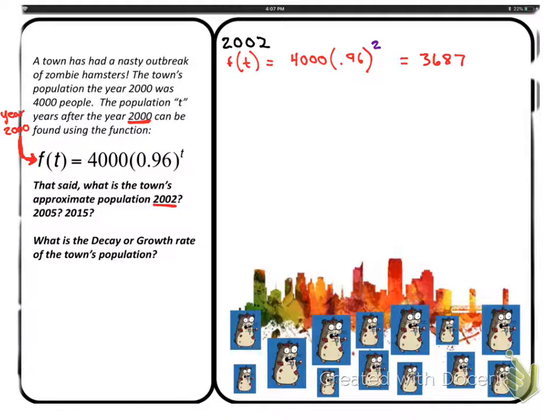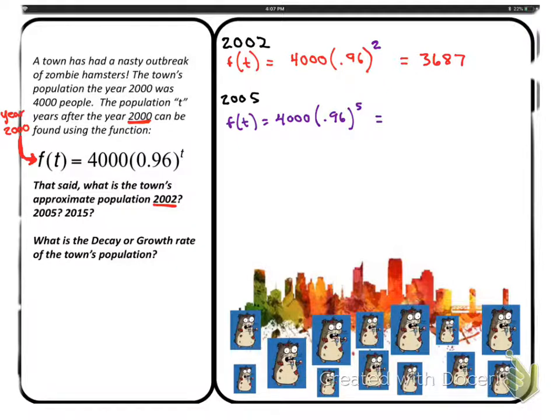Now we got to find the population for the year 2005. So in 2005, we have to determine how many years has passed here. So from 2000 to 2005, you count it up, that's going to be 5 years. So our exponent here is now 5.